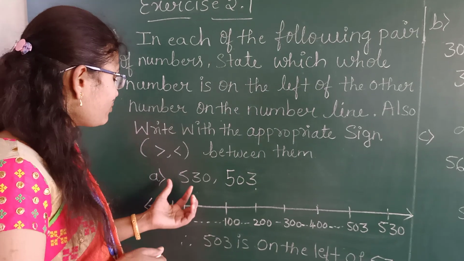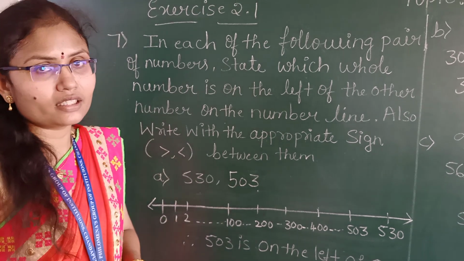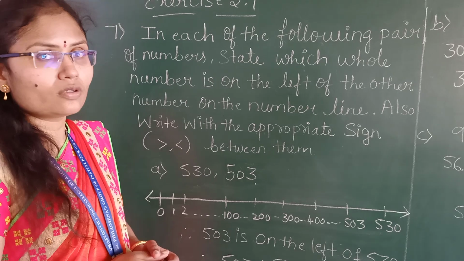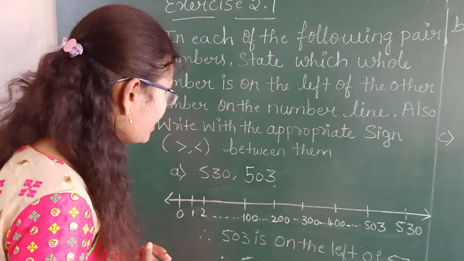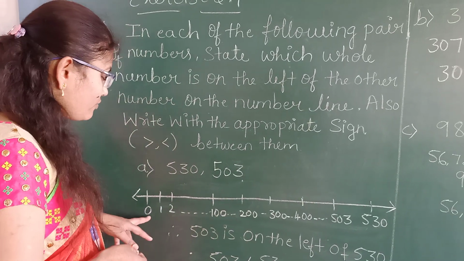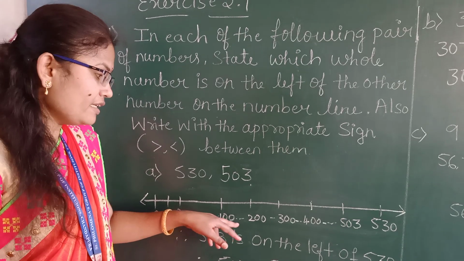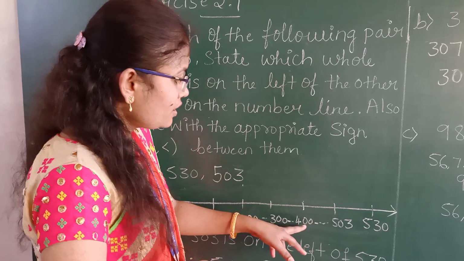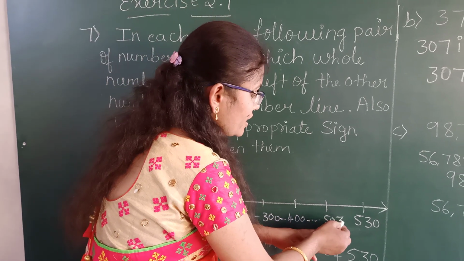Now you can see here the first problem they have given, that is 530 and 503. Among these numbers we have to find out which is the smallest number, and which is the left of the other number. If you consider the number line, it will begin from 0, 1, 2, so on 100, so on 200, so on 300, so on 400. Next you are going to get 503.